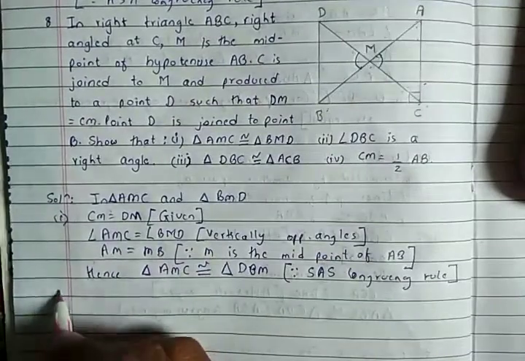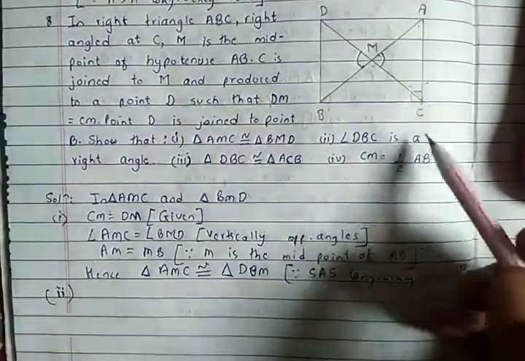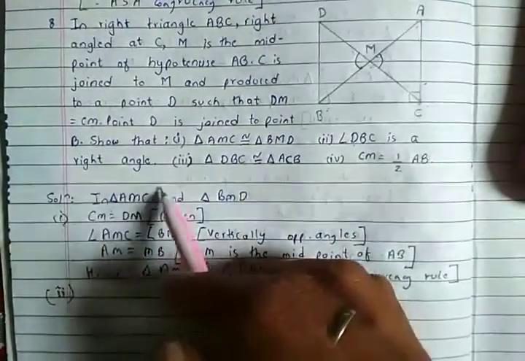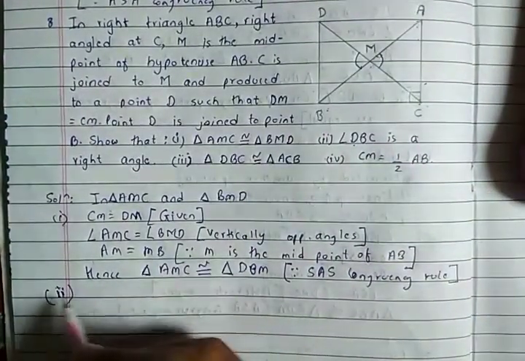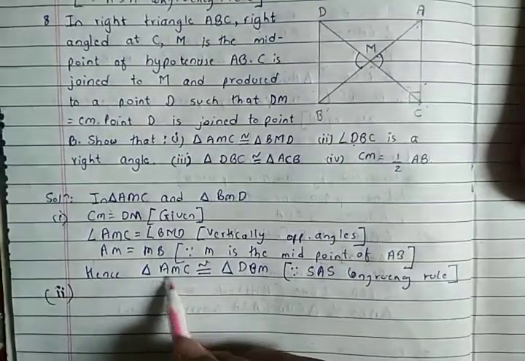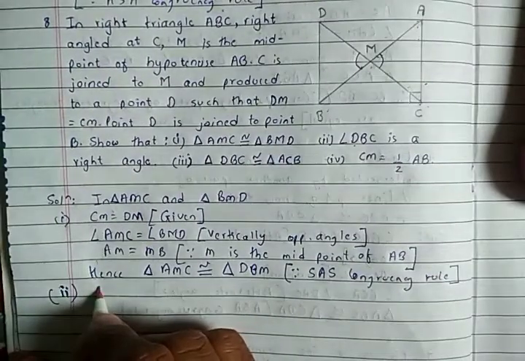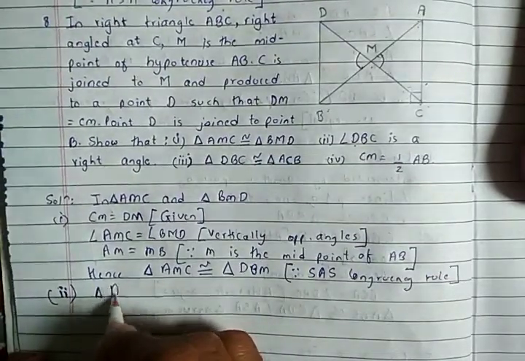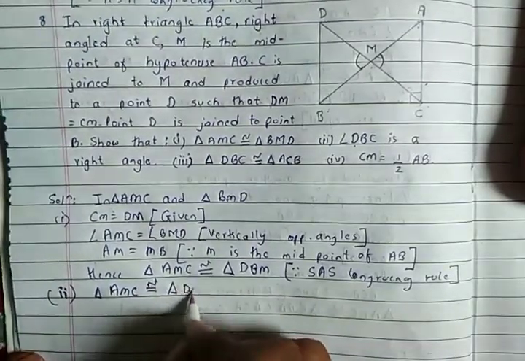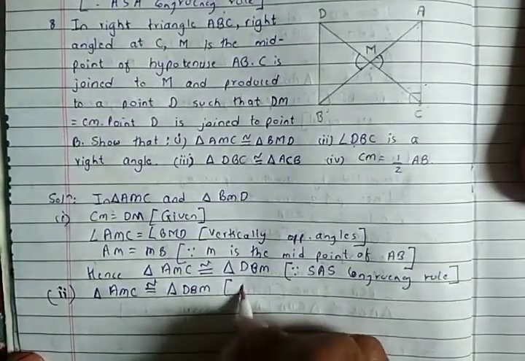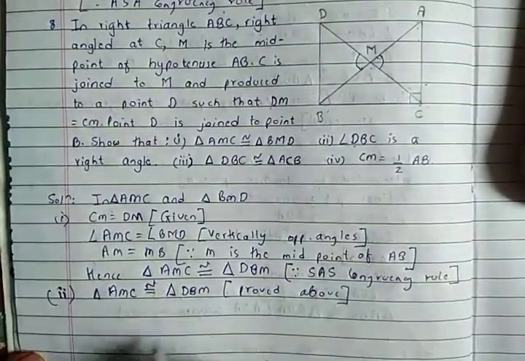Now second thing they have asked is you have to prove that angle DBC is a right angle. So for this we'll consider that triangle AMC is congruent to triangle DBM, which is proved. We'll make a mention of it. Triangle AMC is congruent to triangle DBM, which is proved above. With this we'll move ahead.